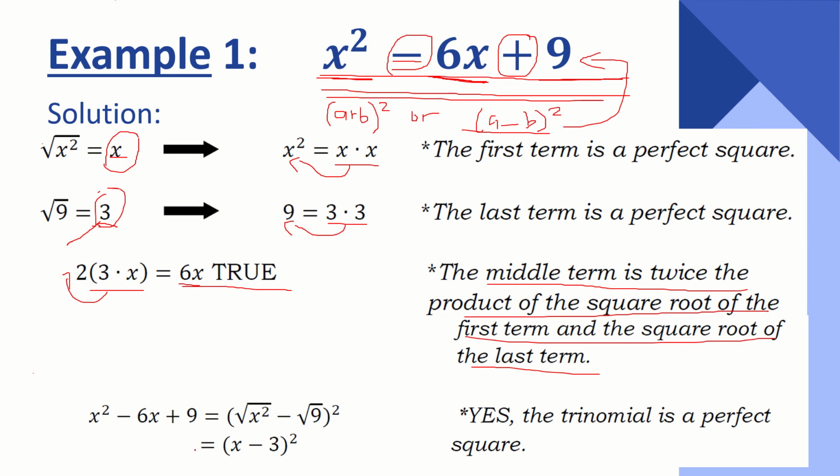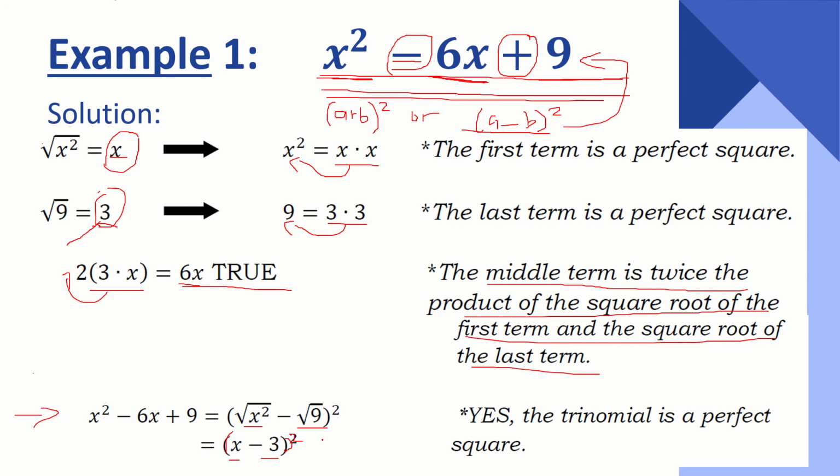Going back here, below, our given is x squared minus 6x plus 9 is equal to... we just find the square root of our first term and the square root of our last term. Once we get them, we just square it to get the factored form.